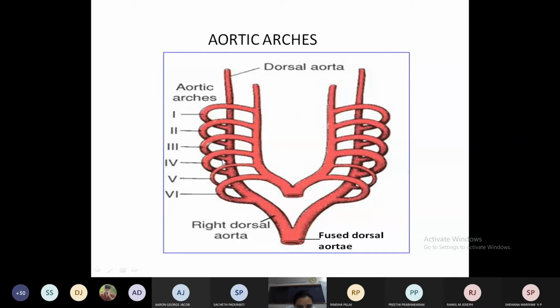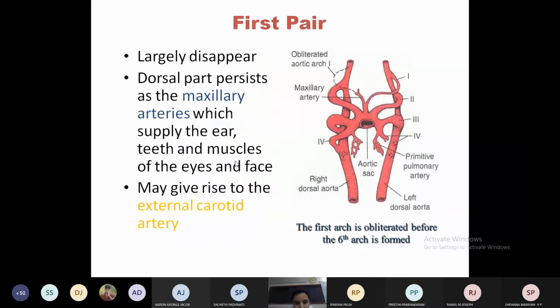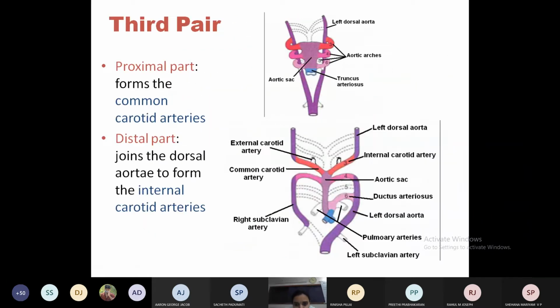This part between third and fourth will disappear, which is called ductus caroticus. This part, the dorsal aorta between third and fourth aortic arches, which is called ductus caroticus, may be asked as a short answer. Ductus caroticus.